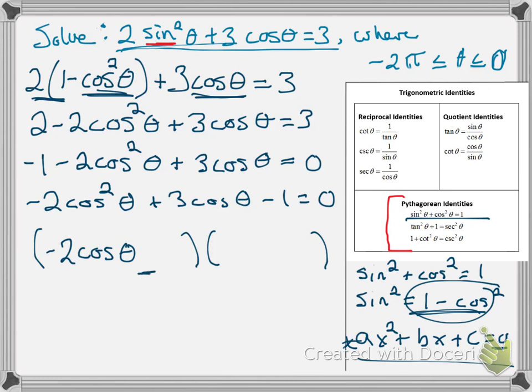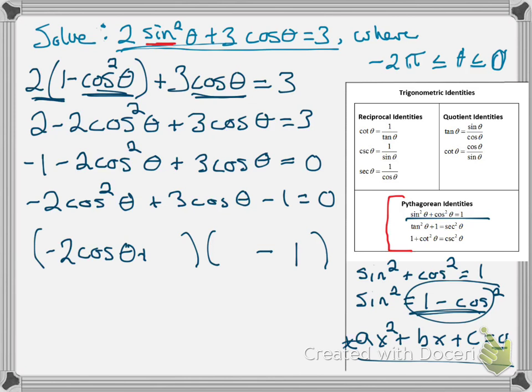So one of these signs in here has to be positive and one has to be negative. But if I want this 3 here to be positive, then whatever I'm multiplying this negative 2 by, I probably want that to be positive as well, because I want my middle term to be more positive. All right, so I'm going to go ahead and put the negative in here and the positive over here.